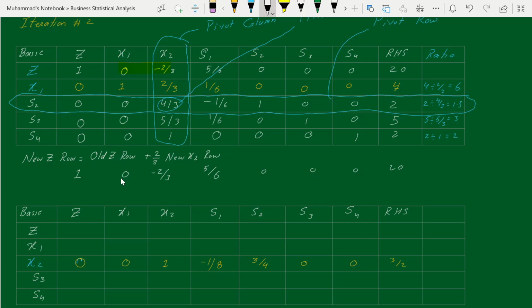And now we have to multiply 2 by 3 with this.